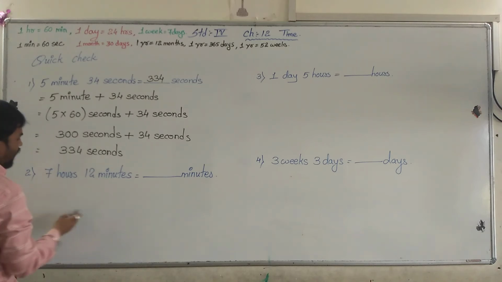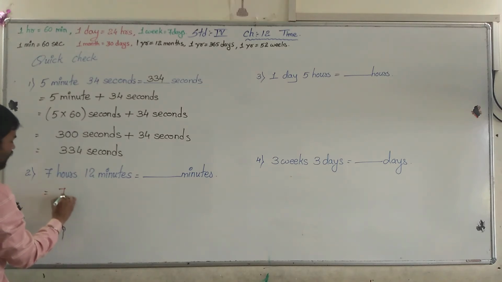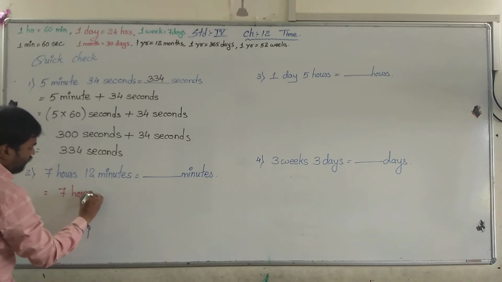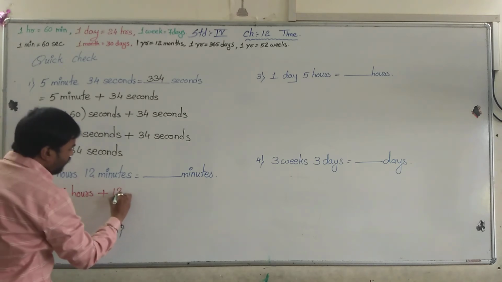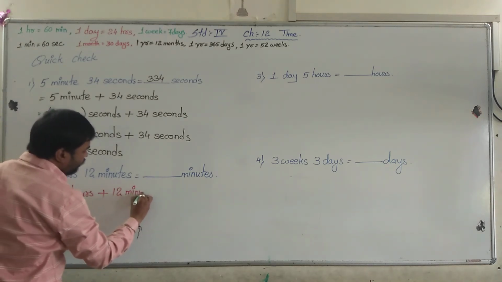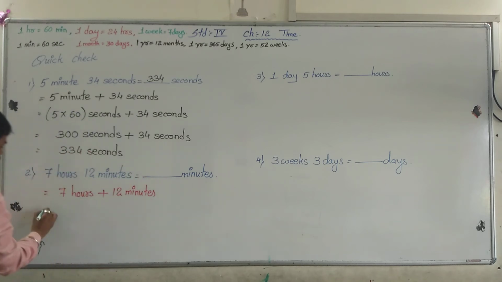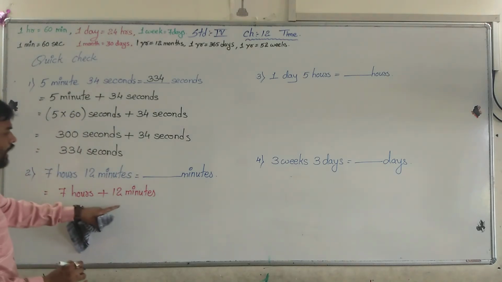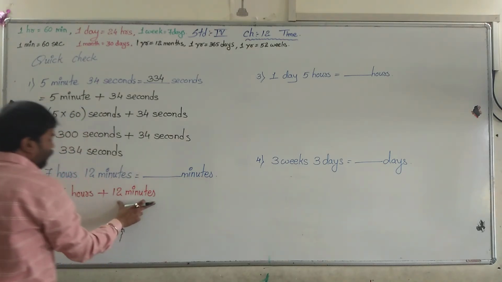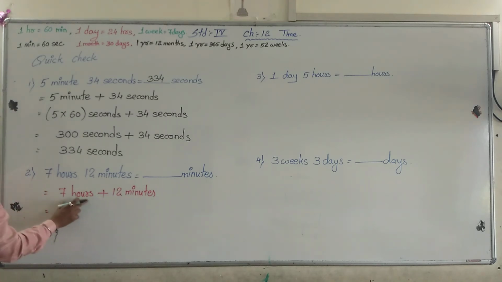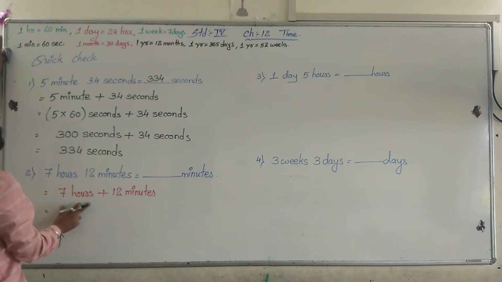Second one, 7 hours 12 minutes. So this can be written as 7 hours plus 12 minutes. Now the answer I want in minutes, so no need to change minutes, I have to change hours.